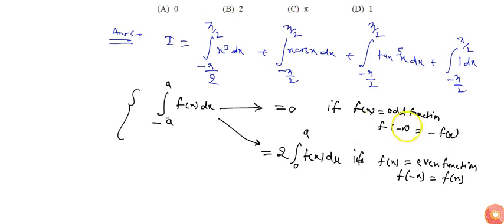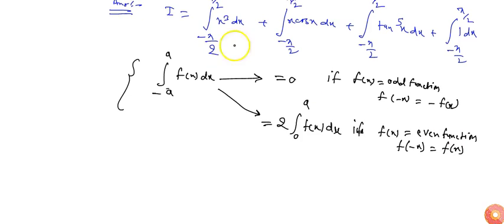So let's see all the integrations. The first is x cube. If f(x) is x cube, then f(minus x) will be minus x cube, which is minus of f(x).